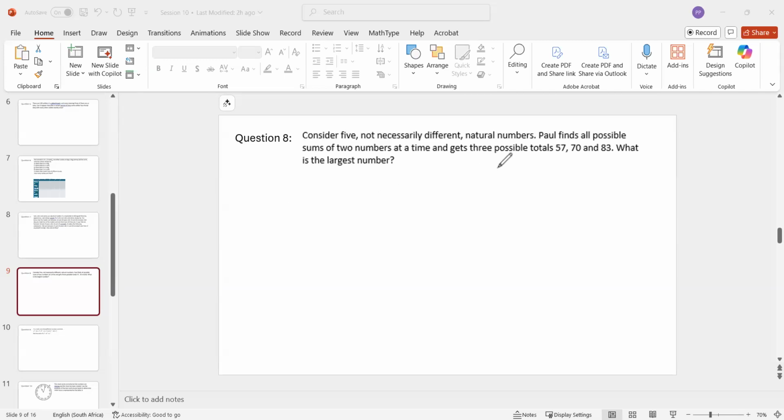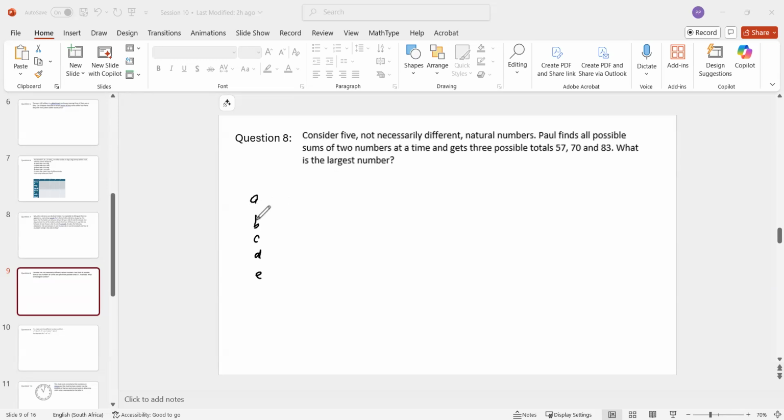So you don't know what these numbers are. There are 5 numbers. Suppose the numbers are A, B, C, D, E, and then he works out the sums of 2 numbers.